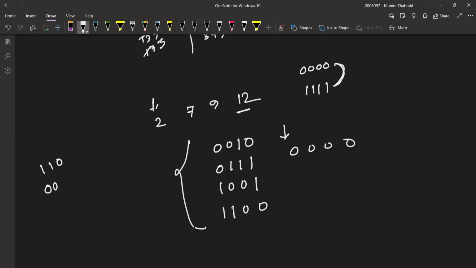I can achieve 0 by 0, 0. Is there 2, 1? Is there 3, 0? No, there is not. Is there 2, 1 and 1, 0?